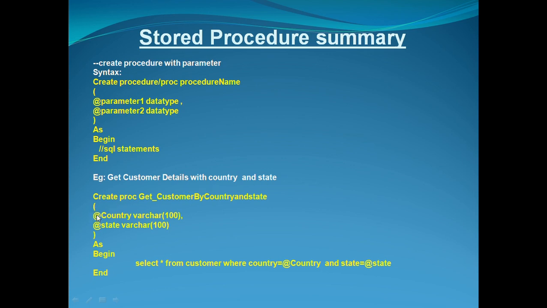So here we can use @country VARCHAR(100), @state VARCHAR(100). If we are using any ID or anything, then we can use @customerID INT. Okay, and in the BEGIN statement we can use these parameter values: WHERE country equal to @country and state is equal to @state. Okay, so this is the stored procedure with parameters.